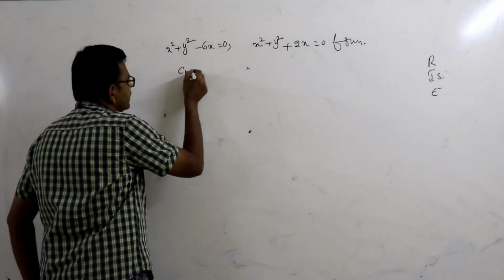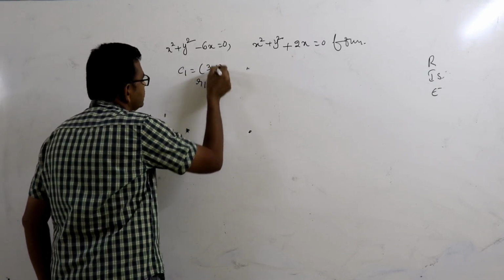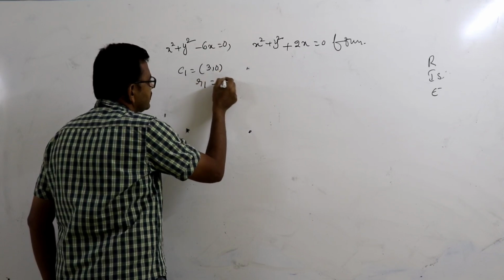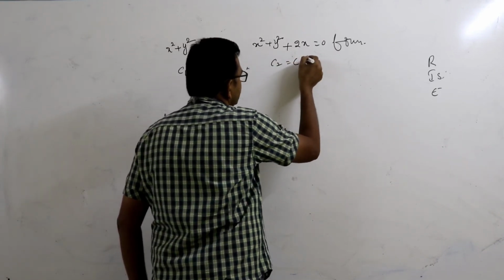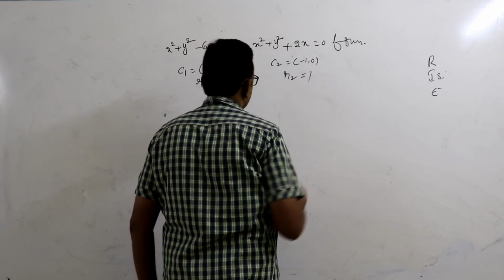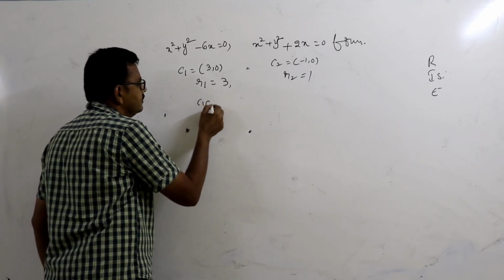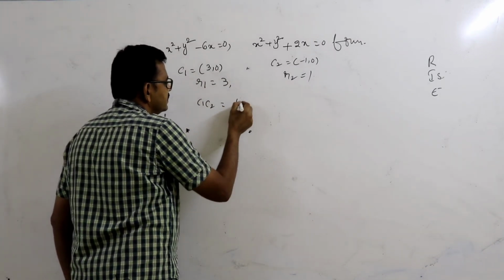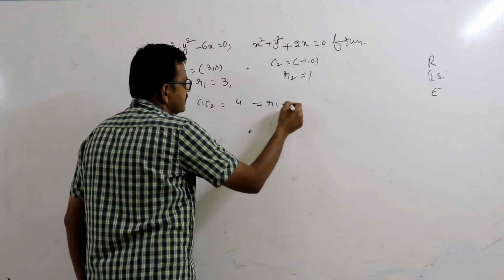Here, center of circle is 3, 0, R1 is equal to root of g square plus f square minus c. Center of the other circle is minus 1, 0, R2 is 1. And C1C2 is 4, which is equal to R1 plus R2.